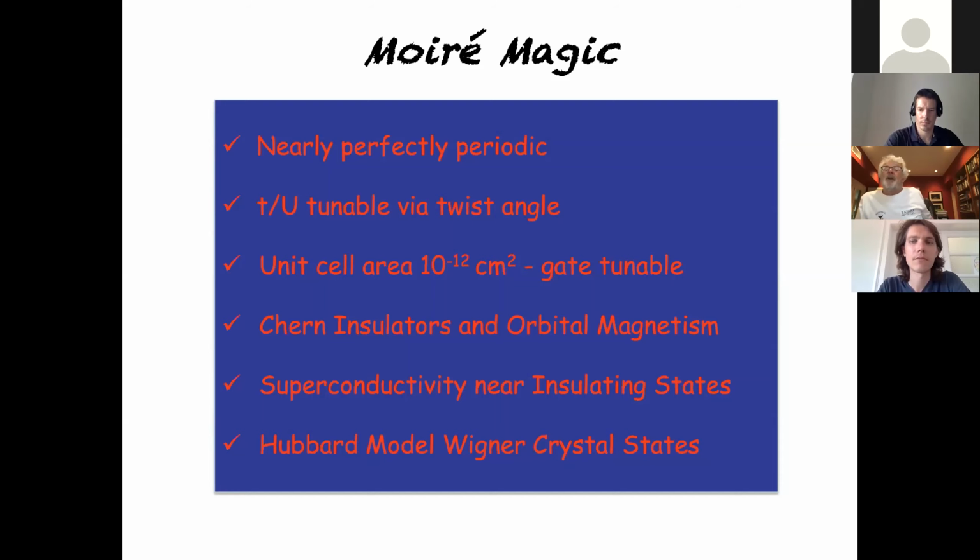And so people have gotten better at getting rid of that disorder, but one of the consequences is, basically it comes from little bubbles that you form when you lay one layer on top of the other. And when you iron out those bubbles, as Dima Efetov in Barcelona describes what he does, and he's the person who's developed the best recipes for doing this, you end up with a sample that has a twist angle that's different from the one you aimed at.